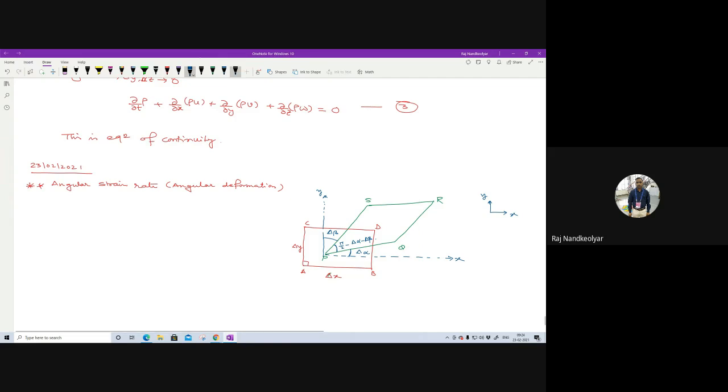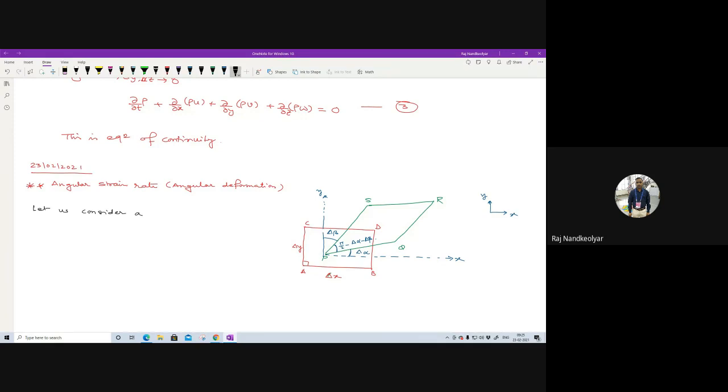Let us consider a fluid element ABCD. You might be thinking why we have not drawn this parallelogram at the point A. It is to ensure that there may be some linear deformation also, and due to that linear deformation, your position will actually change.